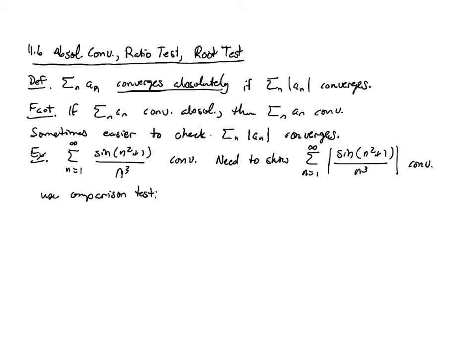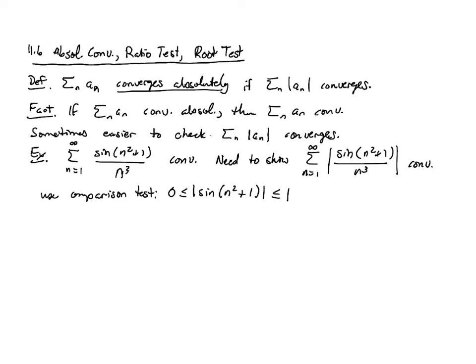And what am I going to compare it to? Well, the point is that the absolute value of sine of anything, in particular sine of n squared plus 1, is less than or equal to 1, and of course it's always non-negative.